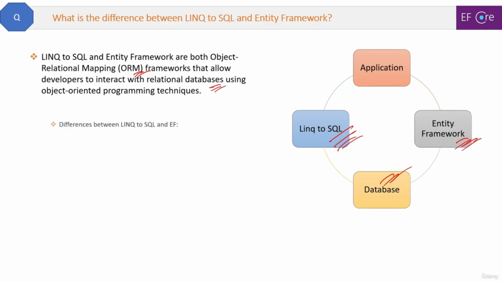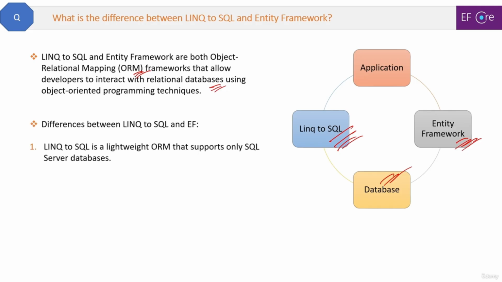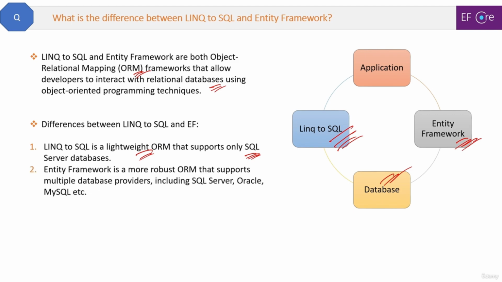Now the differences are, first, LINQ to SQL is a lightweight ORM that supports only SQL Server database. Whereas Entity Framework is a more robust ORM that supports multiple database providers including SQL Server, Oracle, MySQL, etc. Another difference is LINQ to SQL is suitable for small to medium sized applications, because with LINQ to SQL you have to write the queries directly in your code, like select star from that kind of queries.